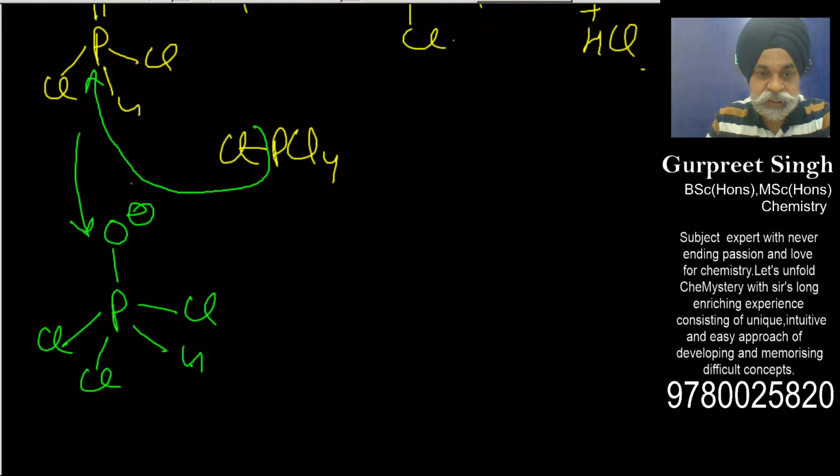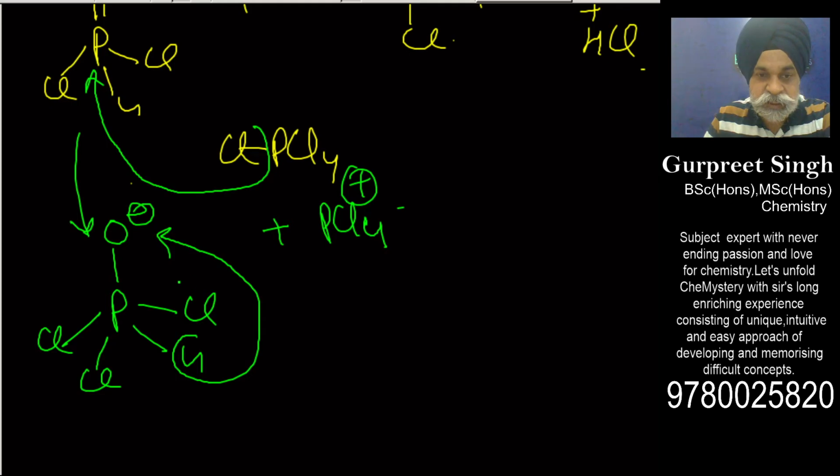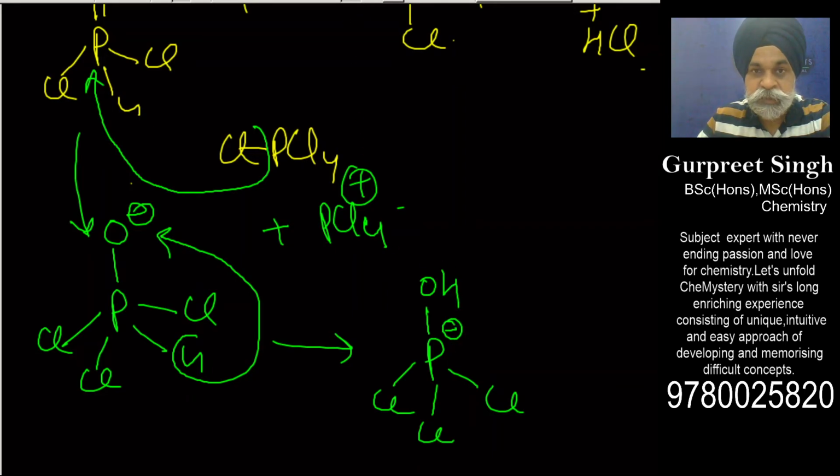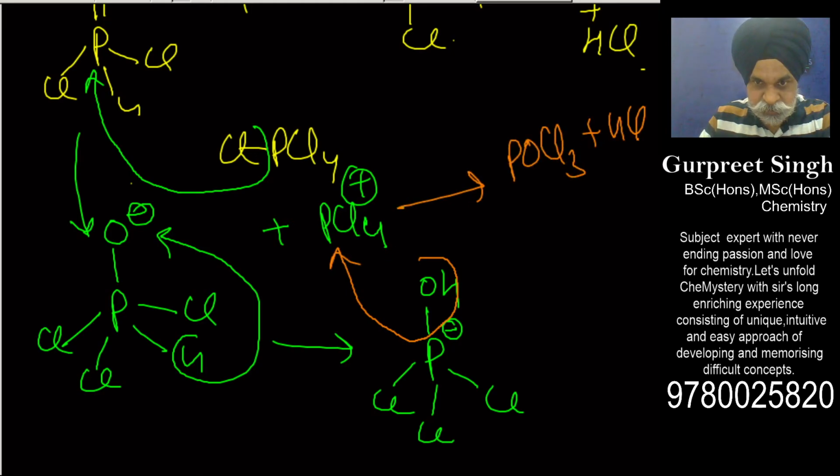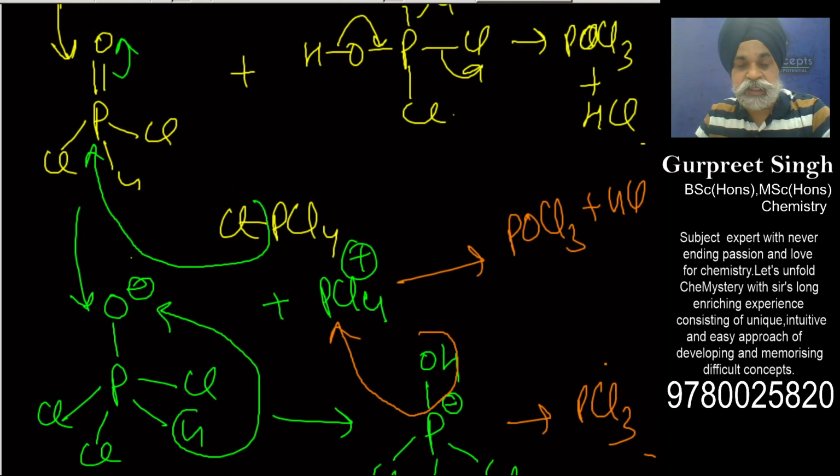Now what I can think of is that this H positive has gone to PCl4 positive. Now I will rearrange this way. So if I rearrange this part, this would become PCl3 along with OH, and this would become negative. And now this OH would attack here, and this again would change into POCl3 and HCl, and this would become PCl3. So this way you can think of the things.